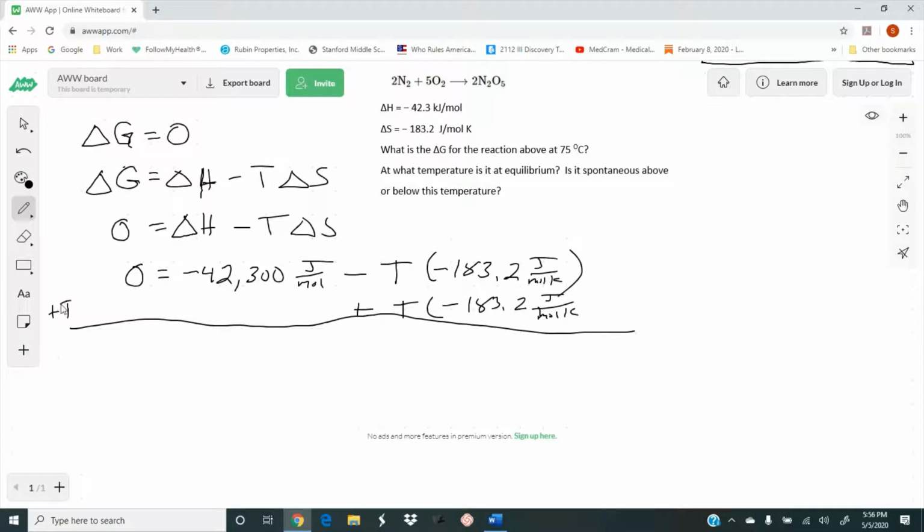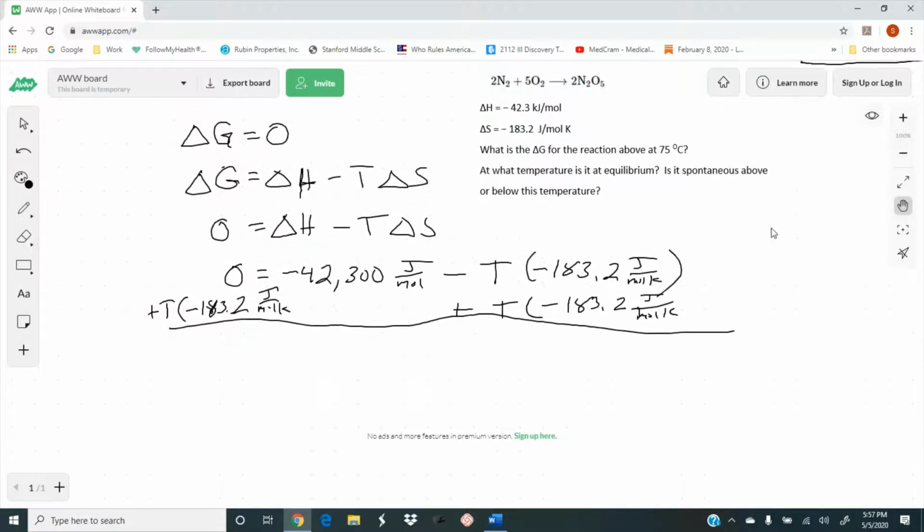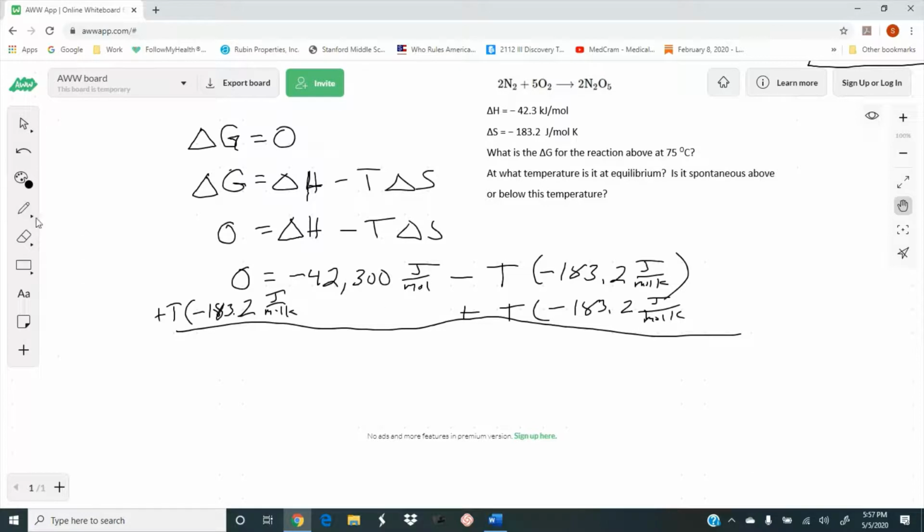Add T times negative 183.2 joules per mole Kelvin. All this should be on the left of the equal sign. Let me go ahead and clean this up a little bit.